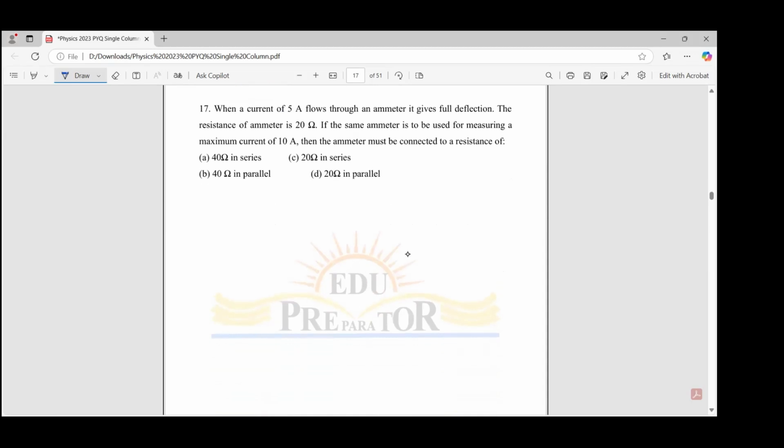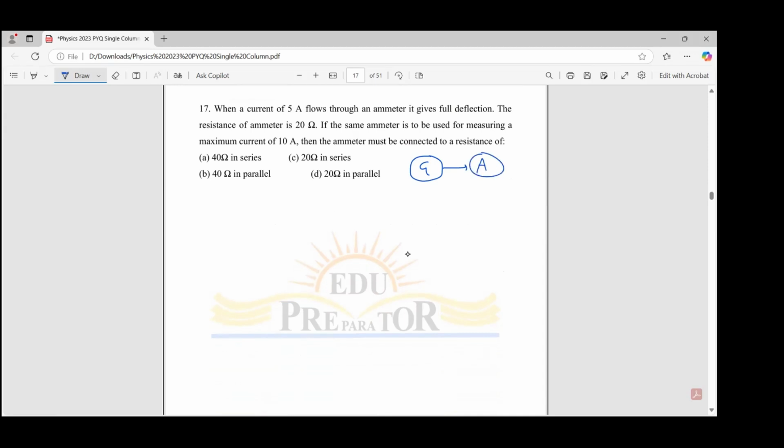Now, question number 17, if we move, involves the chapter moving charges and galvanometer. So, conversion of galvanometer to ammeter, that's the topic.